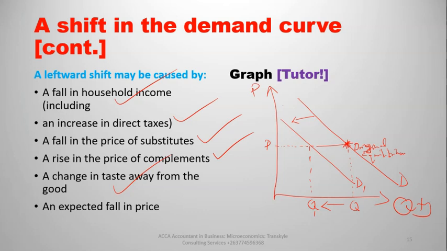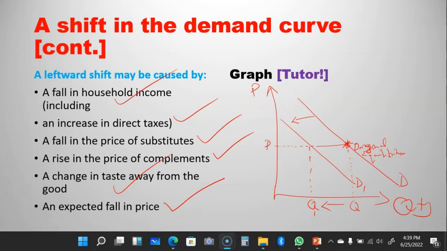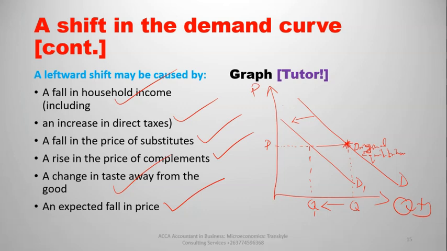An expected fall in price. An expected fall in price works in two ways. First, the expected fall in price of the current commodity or product.